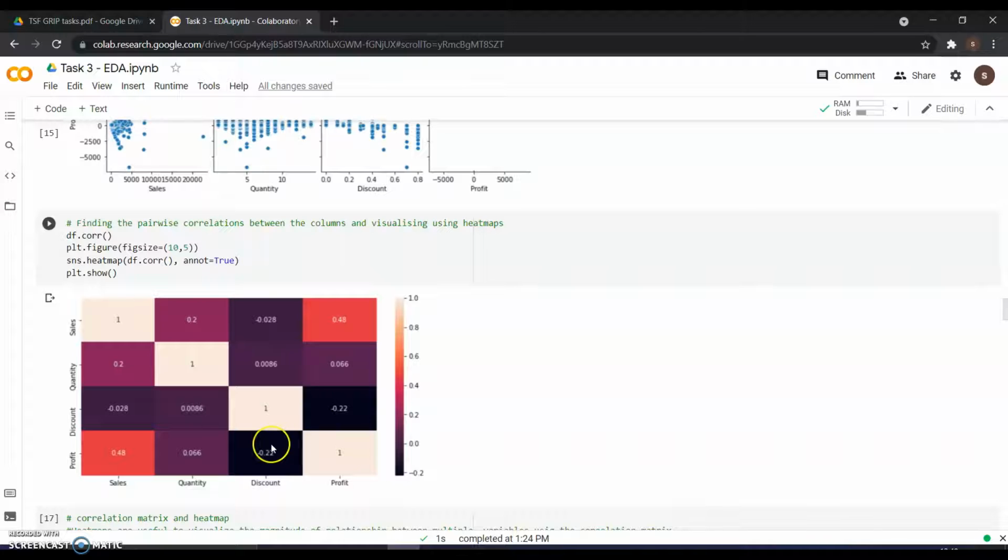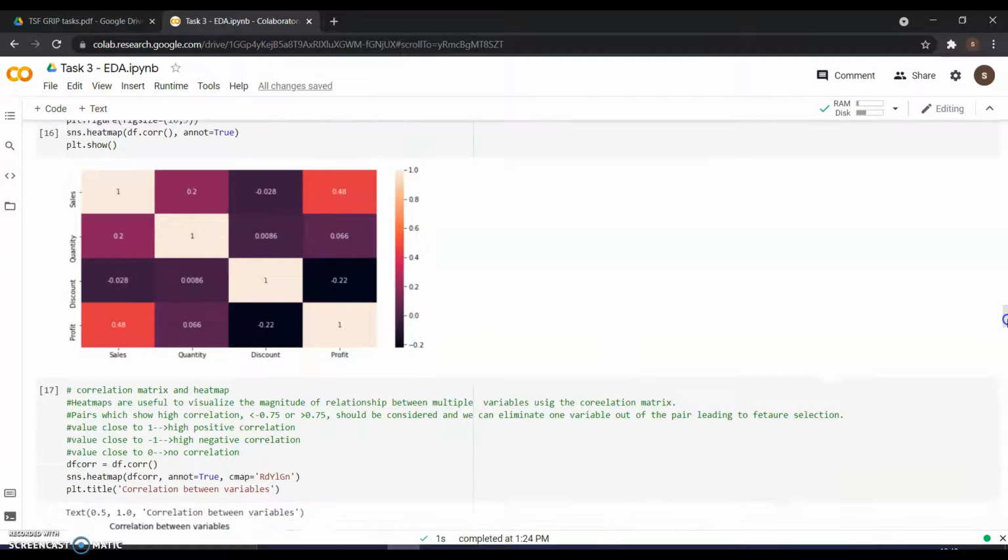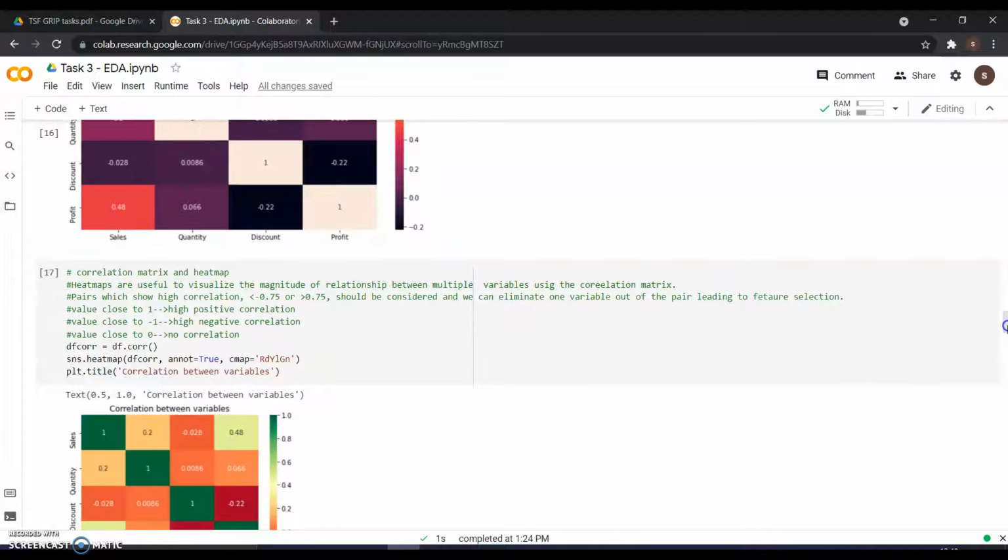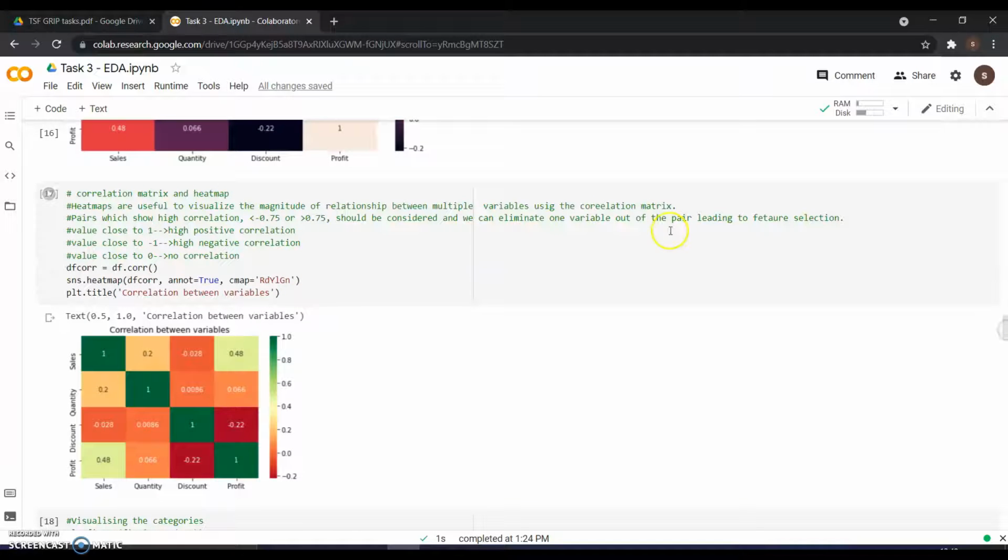As you notice, discount and profit have a high negative correlation, and sales and profit have a kind of high positive correlation, and the rest accordingly. Then the correlation matrix and heat map, which is a different way with a different color.